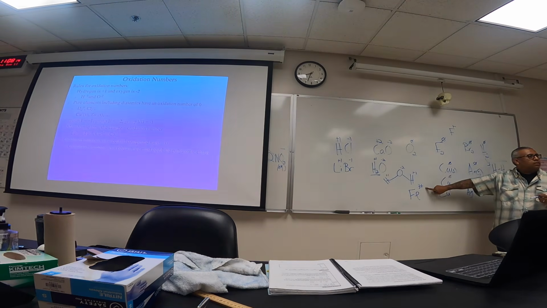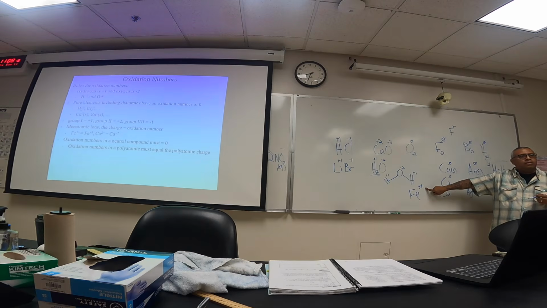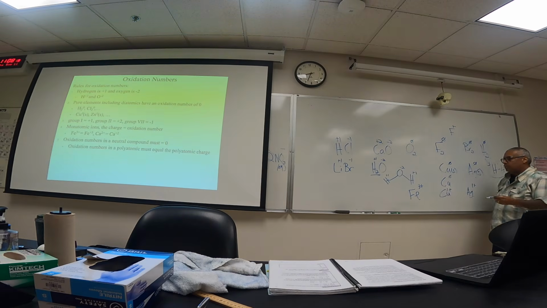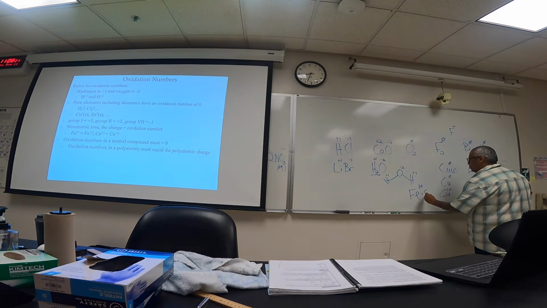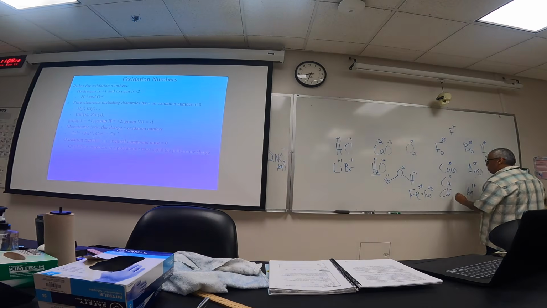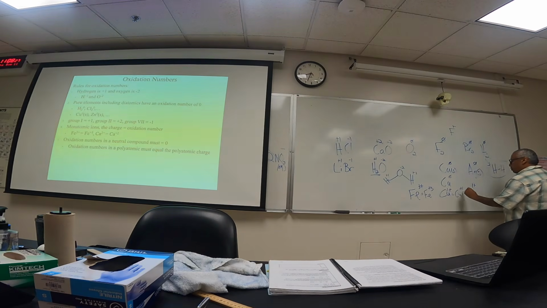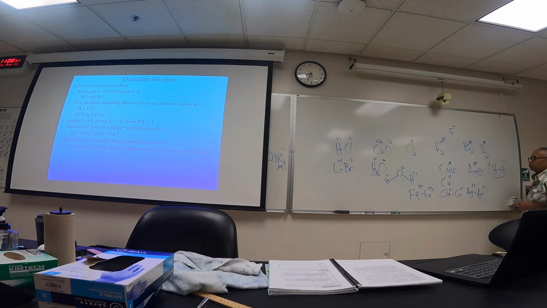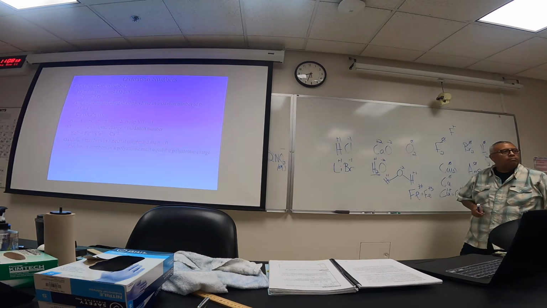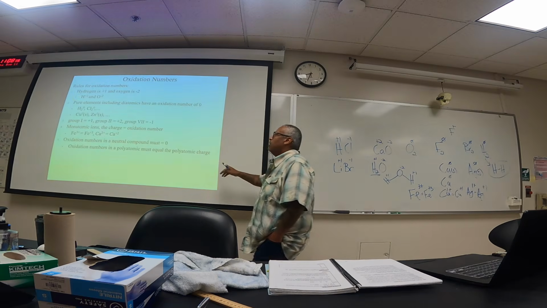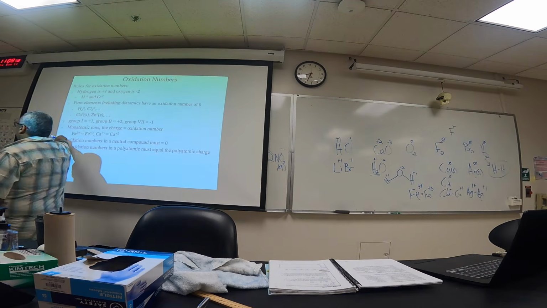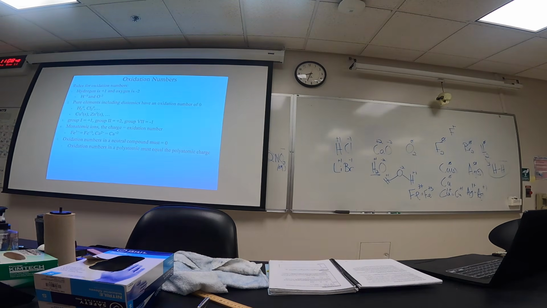Whatever the charge is on a monatomic ion, that's the oxidation number. So we see a monatomic ion by itself. Whatever that charge is, that's going to be the oxidation number.